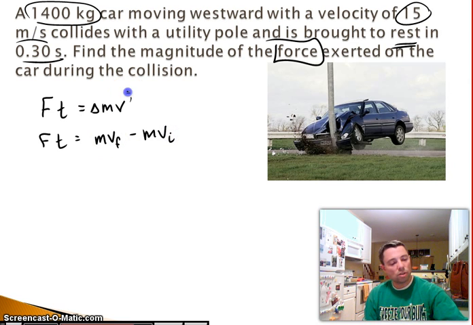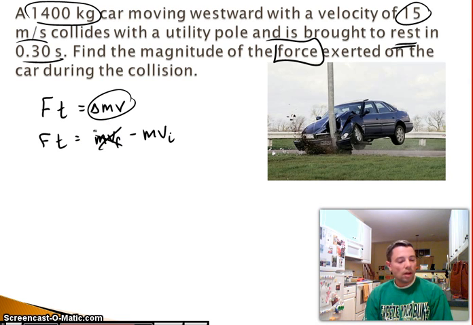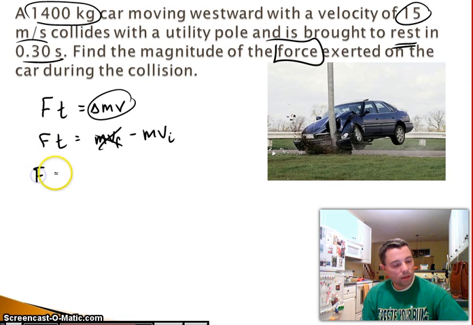There's our change in momentum. But our final velocity is 0, so in other words, that's going to be thrown out of there. When we look at this, our force was what we're trying to get. Our amount of time that we're going to be in contact is 0.30 seconds.